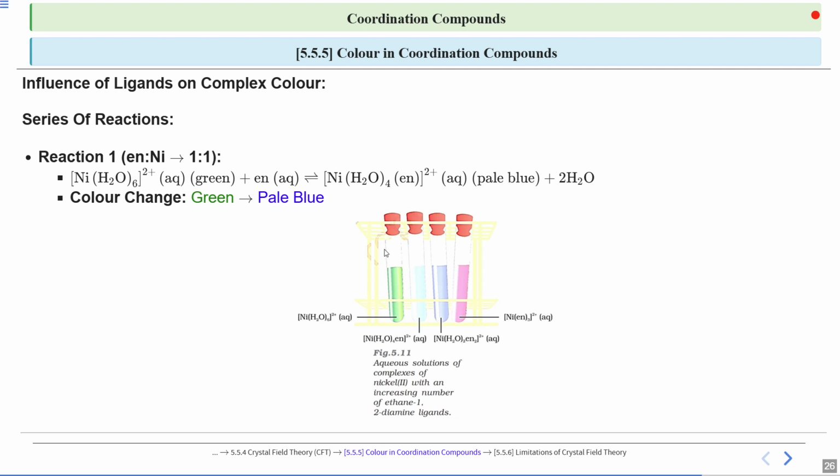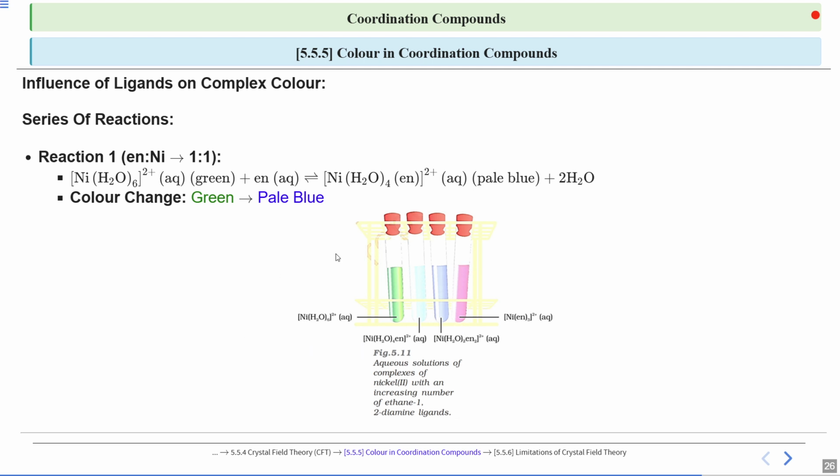When you add more, the complex becomes Ni(H2O)2(en)2, and the color is blue. Adding more gives Ni(en)3, meaning all the water molecules have come out and only three molecules of the bidentate ligand en, ethane 1,2 diamine, remain. The final color observed is pink, or violet.